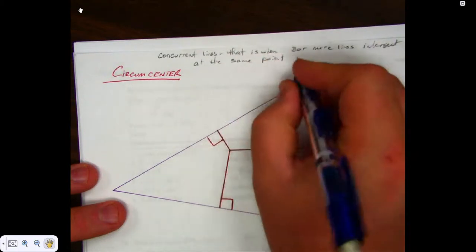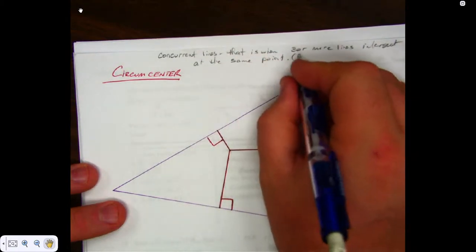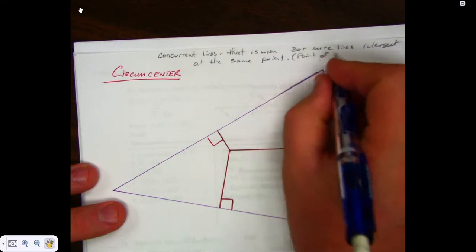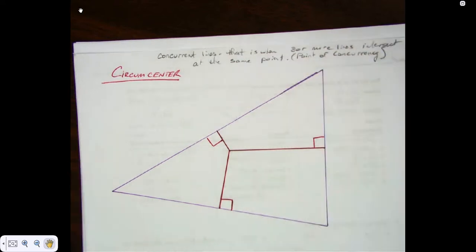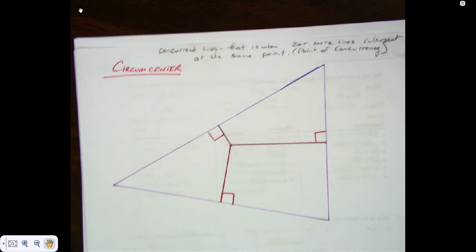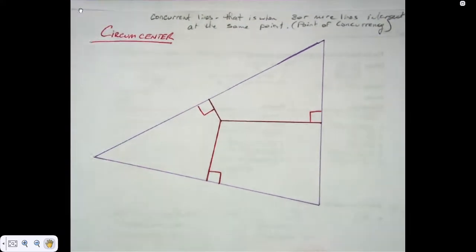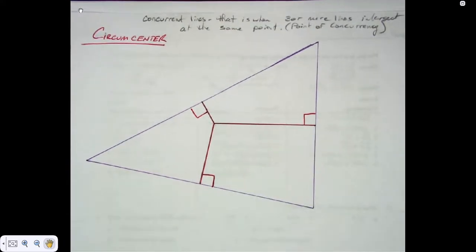And that is called the point of concurrency. What we're going to do in the next couple sections is talk about some special concurrent lines. The first one we're going to talk about is the circumcenter.